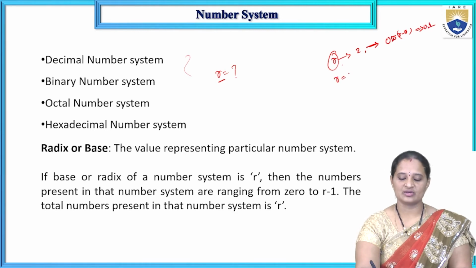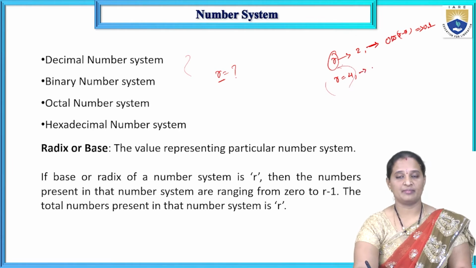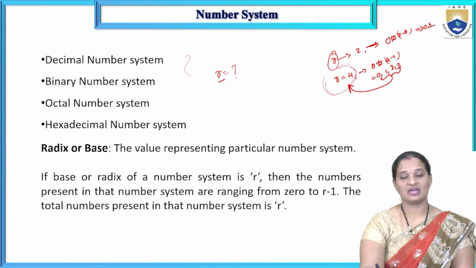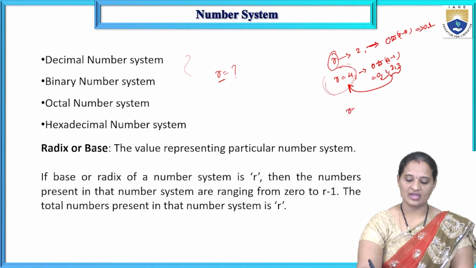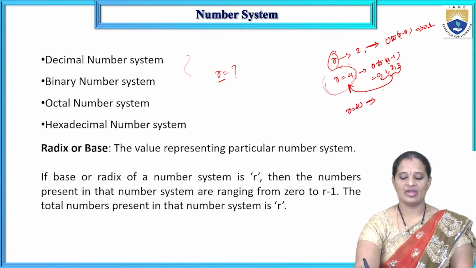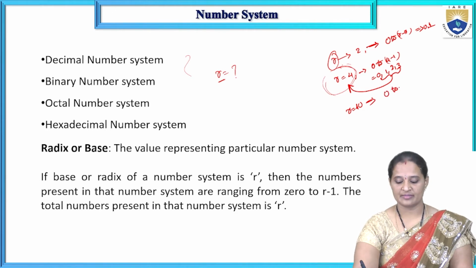For example, if R is equal to 4, that means the radix of the number system is 4, then the numbers included are 0 to 4 minus 1, that is 0, 1, 2, 3. These are the symbols in a number system with a radix of 4. If R is equal to 10, then the symbols vary from 0 to R minus 1, where 10 minus 1 is 9.